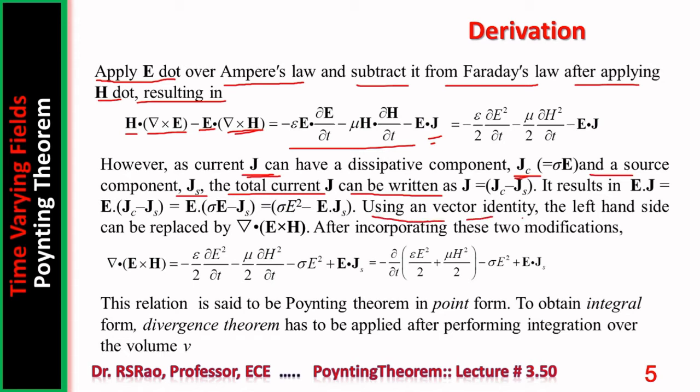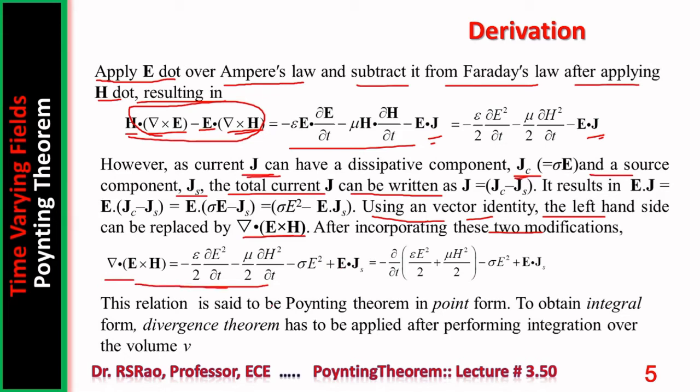Using a vector identity, the left hand side can be replaced by del dot E × H. After incorporating these two modifications, one can write del dot E × H equal to minus ε/2 ∂E²/∂t minus μ/2 ∂H²/∂t minus σE² plus E·Js.